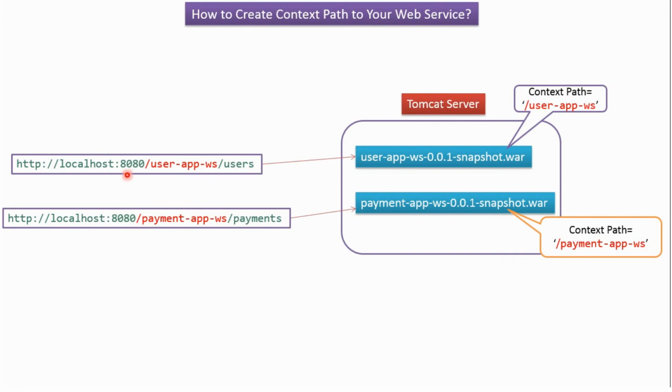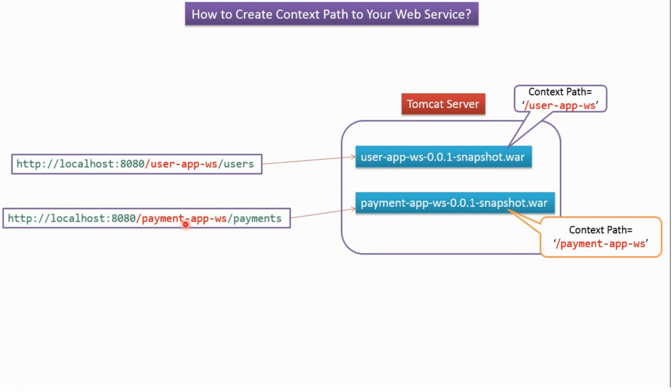Now if we send a URL like this, Tomcat will know, okay, this context path, it has to route the request to this application, because this application is running in this context path.